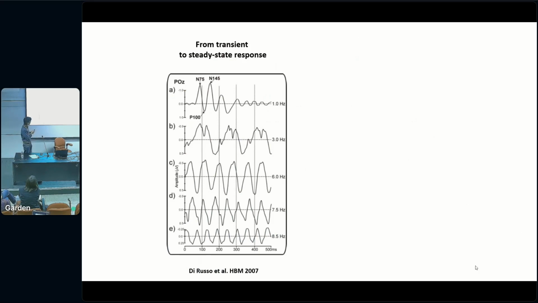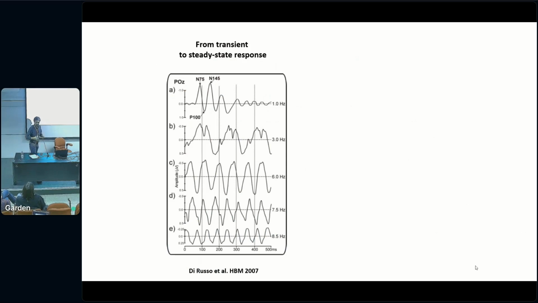But if you increase the frequency to 3 Hz, 6 Hz, and up to 8.5 Hz, since the next stimulus comes earlier than the decay of the response, there is again a wave and eventually a steady state sinusoid that comes out, which gives a very strong response. This steady state gives the name to the steady state response, which was used for investigating the integrity of the visual or auditory system, sensory systems in general, because it was very effective.